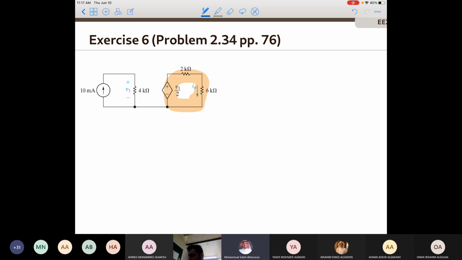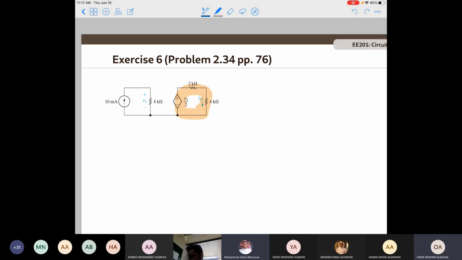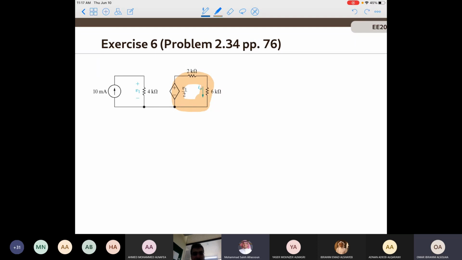Here there's no current flowing from this direction to that direction. Oh, okay. So we will use KVL directly, right? Exactly, but we're missing some components here. Which is V1, I guess. Yes. How to find V1?